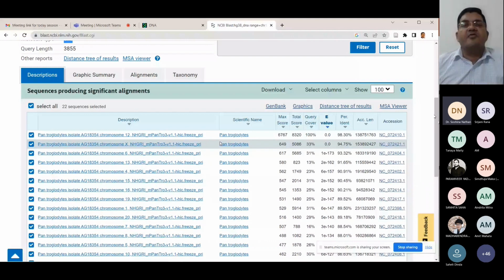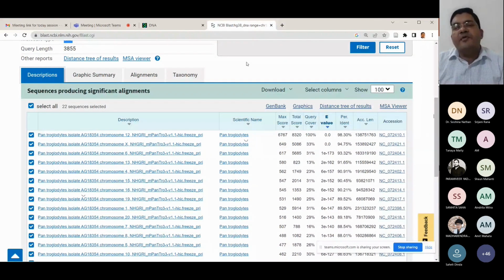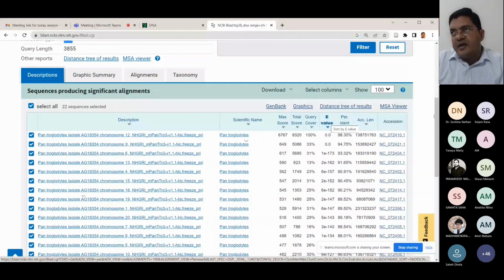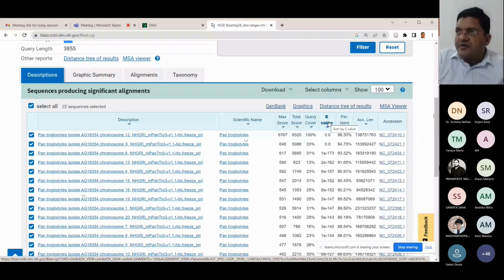So E value is the expect value. It is basically a value which indicates that the match you've got is not a random, by chance match. It is a true match, right? So 0.0 means that it is a true match, and it is reflecting homology. You could not have had this match unless the two sequences are related to each other, right? So that is the whole idea.